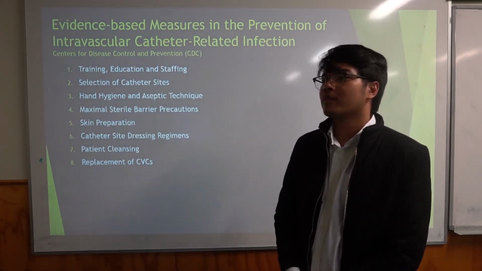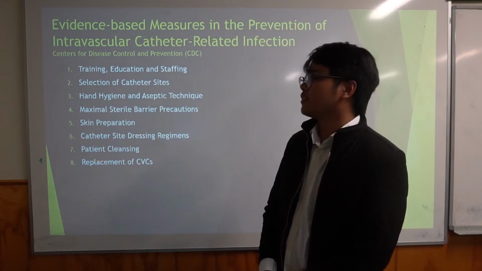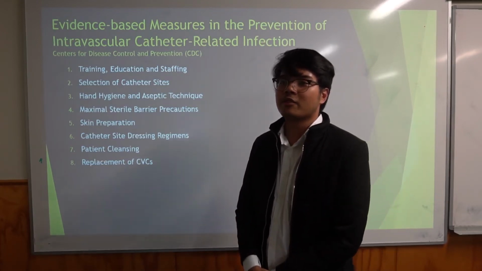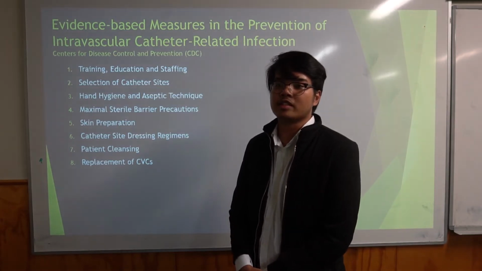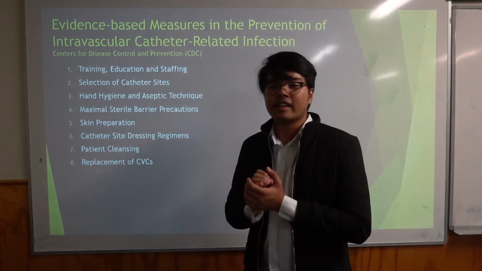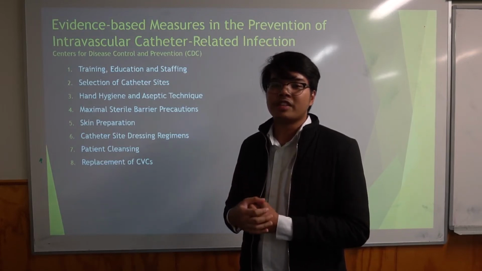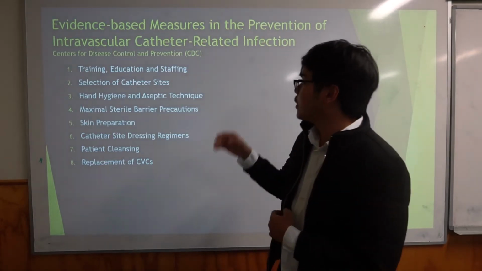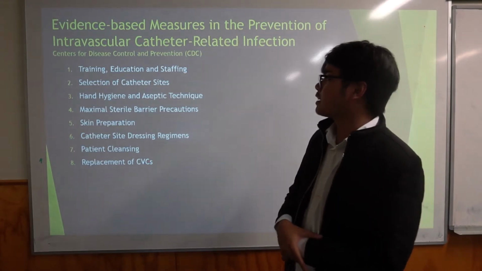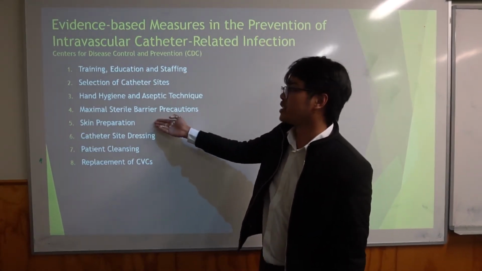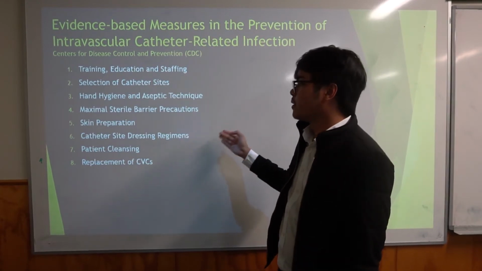This is because the use of the subclavian site would increase the risk for subclavian vein stenosis, which is the thickening of the subclavian vein wall due to the increased venous blood inflow. Hand hygiene as aseptic technique, maximal sterile barrier precautions, and skin preparations are all the same as the SHEA standards.